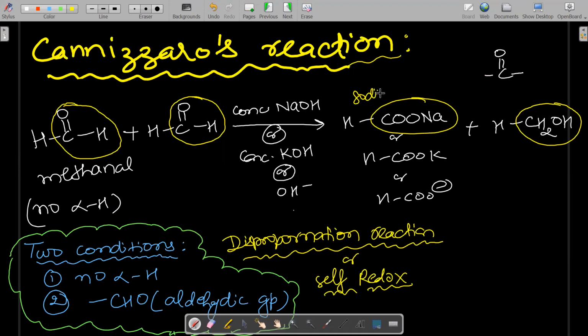It is called sodium formate, common name, or we can say sodium methanoate. And this one, if you want to write in combined form, that is CH3OH, that is methanol. So methanal changes into methanol and sodium methanoate.